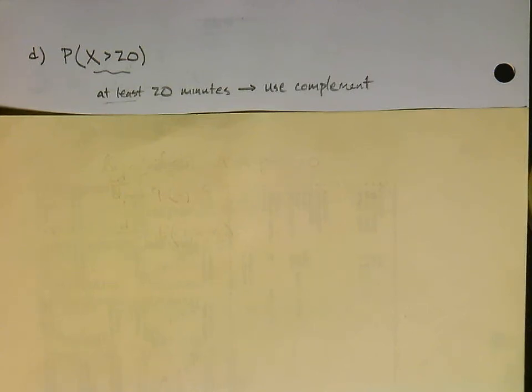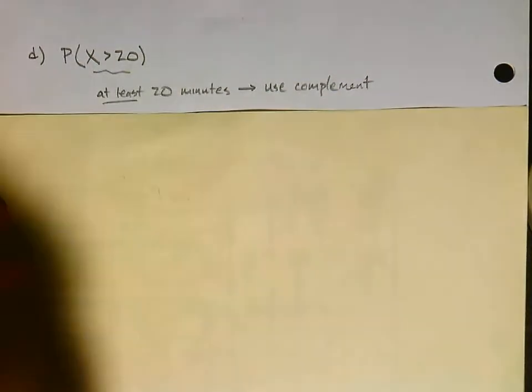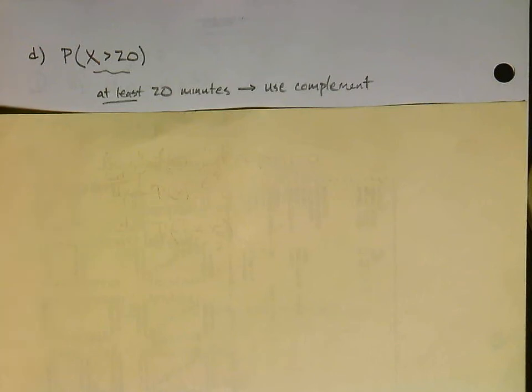Okay, so they didn't quite use the language that would give it away, but it's equivalent to this language, right? When they say over 20 minutes, think of them as saying at least 20 minutes. All right, underline that. Over 20 minutes means at least 20 minutes, 20 minutes or more. And when we see that at least, we know we're going to use the complement.